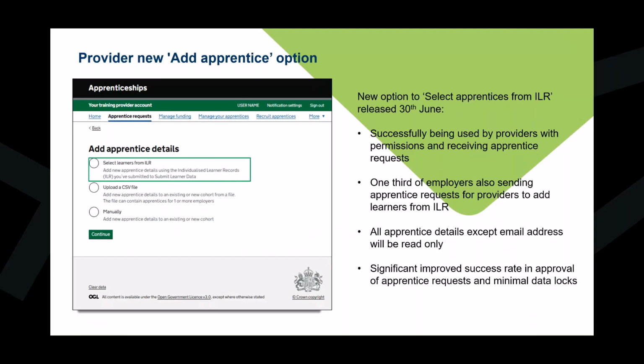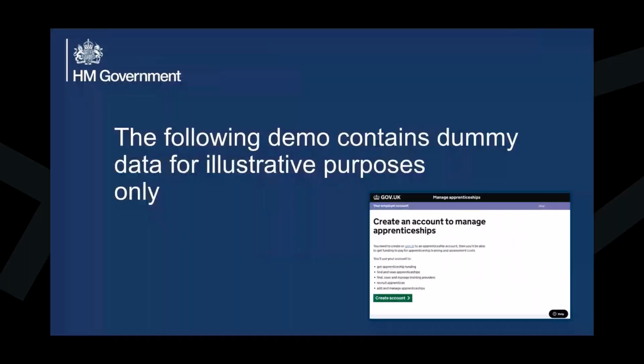By leveraging the ILR as the single source of truth, the solution has dramatically increased the success rate in approval requests and also reduced data locks. So we're marking significant progress towards a more streamlined, integrated, and automated user journey. We'll now give you a walkthrough of the current live ILR Add Apprentice journey. And I'll just hand back over to Nick and Sam.